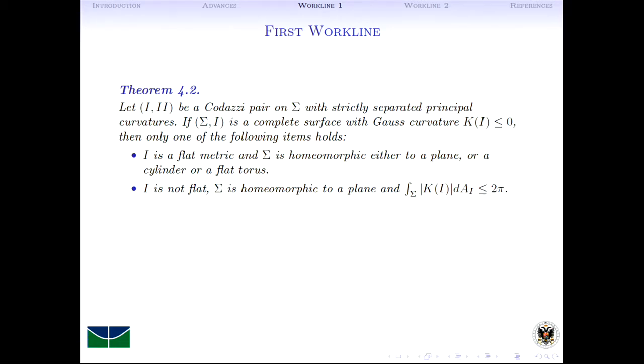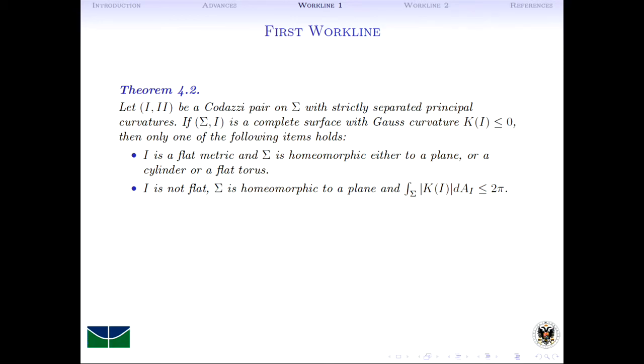Well, the first result states the following. Let I and II be a Codazzi pair with strictly separated principal curvatures. If the surface is complete with non-positive Gaussian curvature, then only one of these two items can occur.